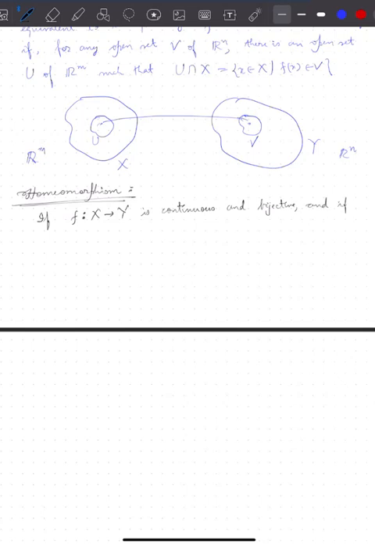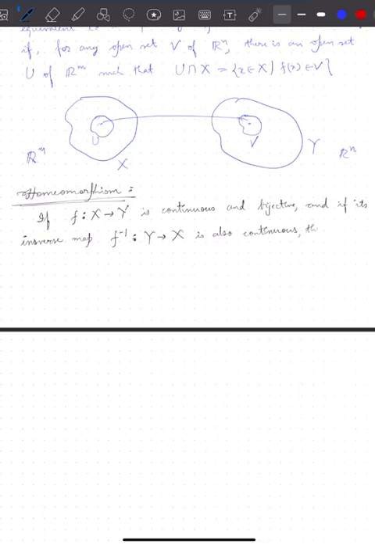and if its inverse map F inverse from Y to X is also continuous, right?